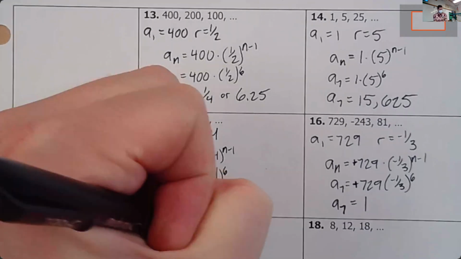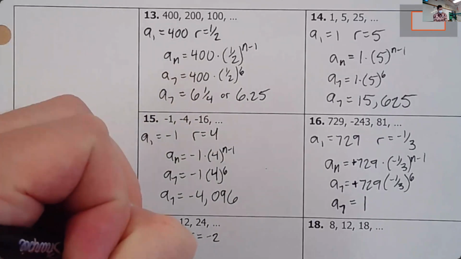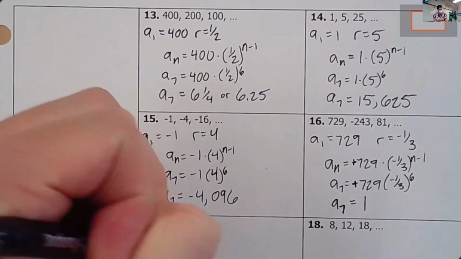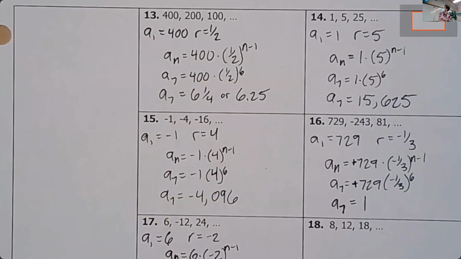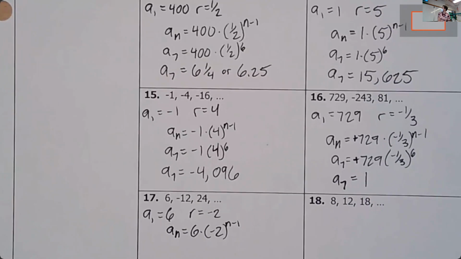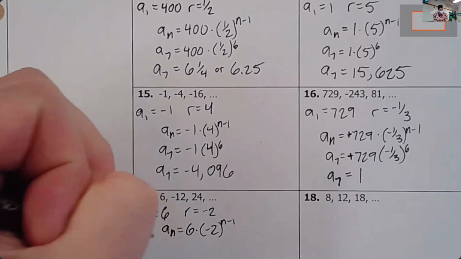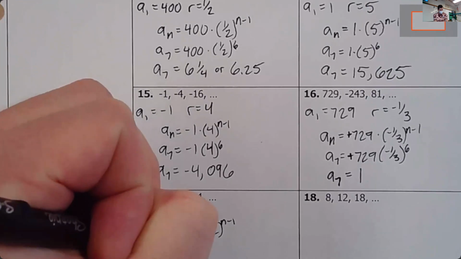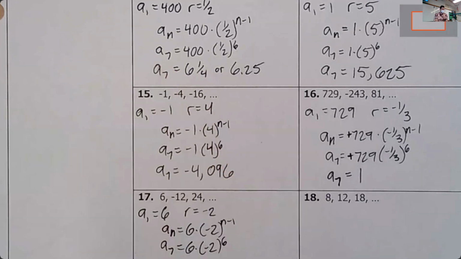-2, good. So that will give us a formula of a_n equals 6 times -2 to the n minus 1. If we're finding the 7th term of the sequence, that would be a_7 equals 6 times -2 to the 7 minus 1, which would be the 6th power.